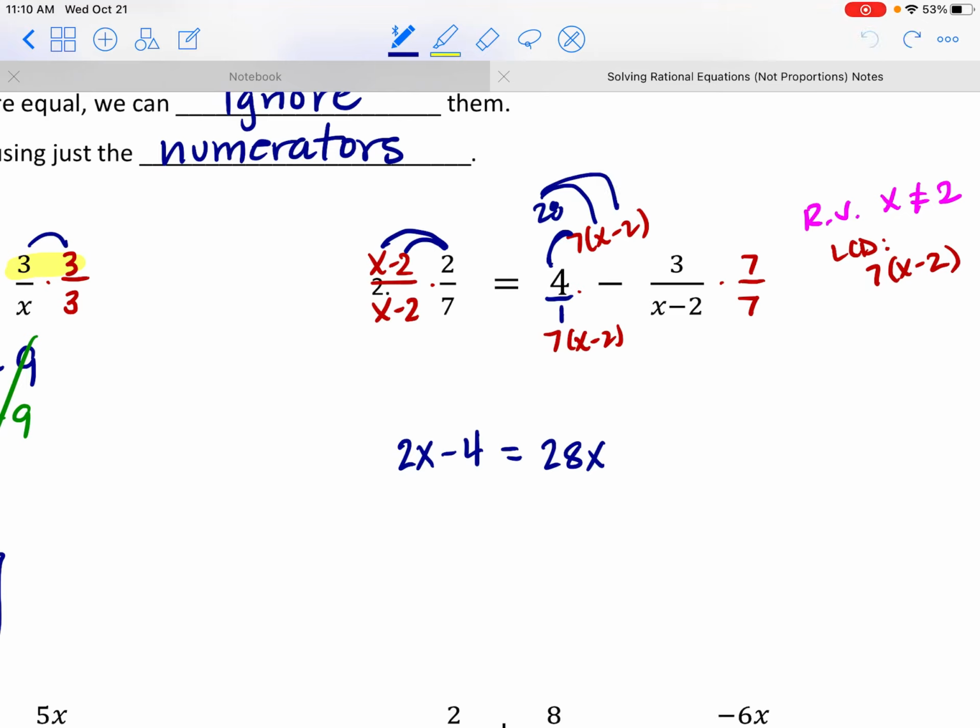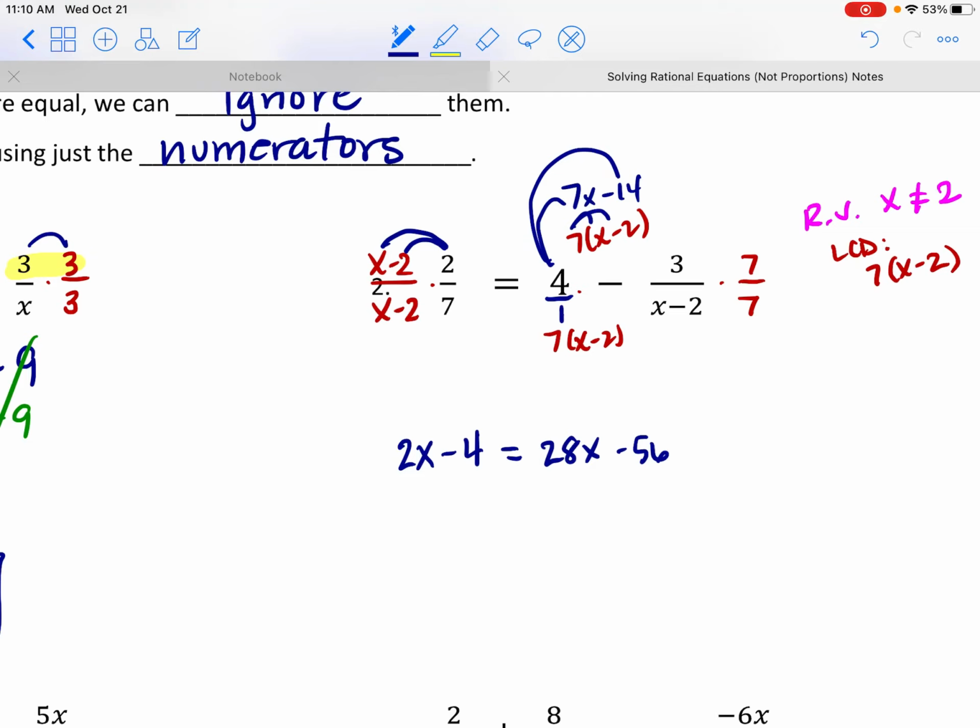And you could have gone that route, or if you wanted to distribute and call this 7x minus 14, and then multiply by 4, you're still going to get 28x and then minus 56. In either case, it doesn't matter how you distribute, just make sure the 4 gets multiplied in there.